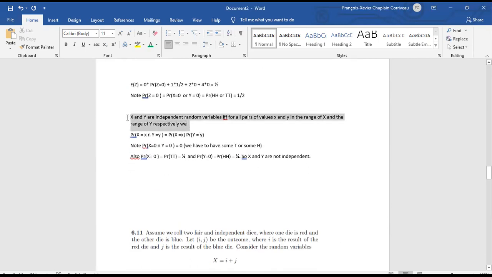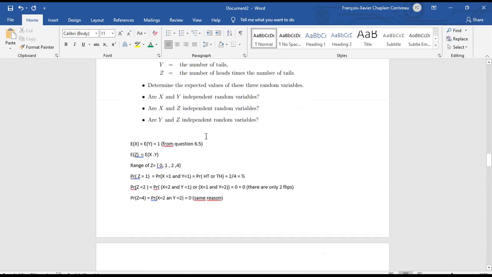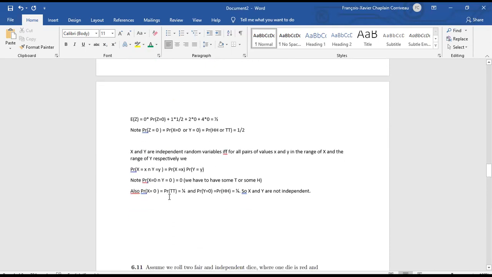Right? So if you write the definition once, don't write it again. Just give two values if you can think of two values. So can you think of two values, one for z, one for x, such that this equality is not true?